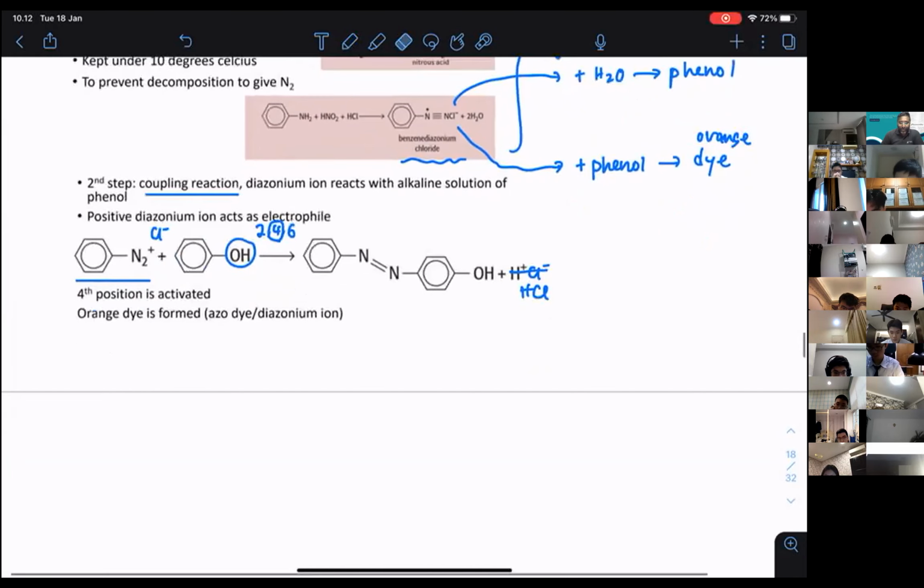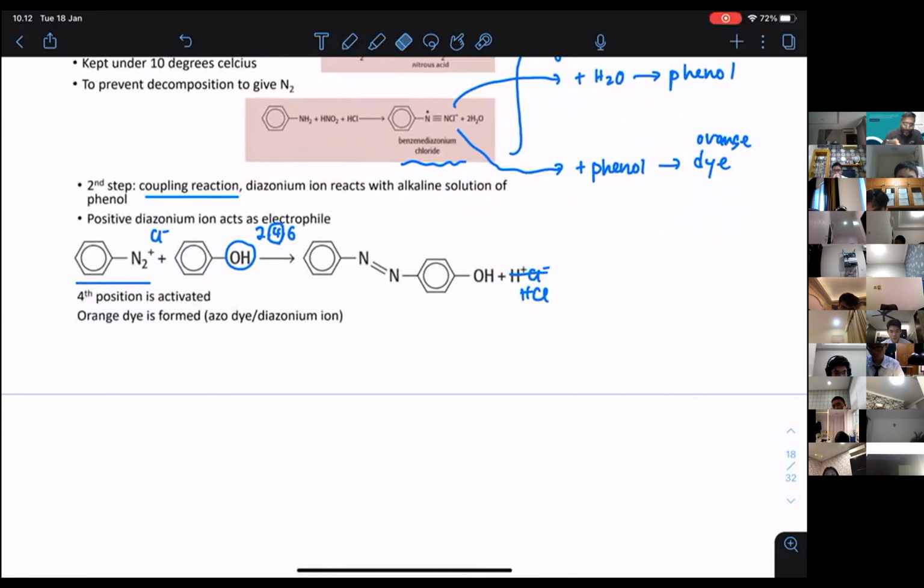So when you select position number 4, what will happen? You are going to have this phenol here, and they are going to form a bond with this hydrogen over here. Previously, they used to have hydrogen over there.